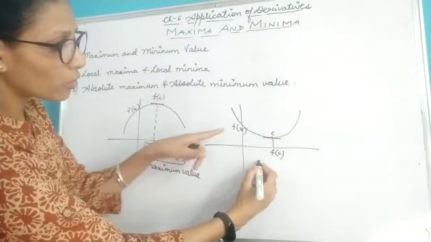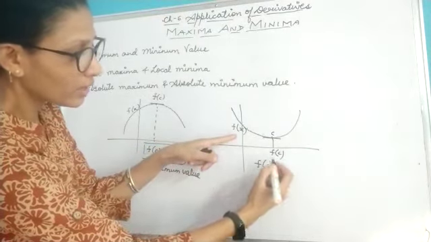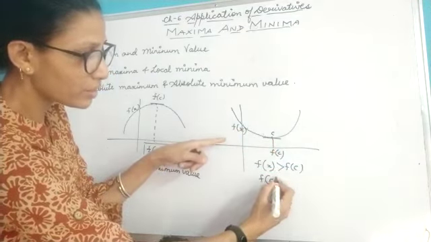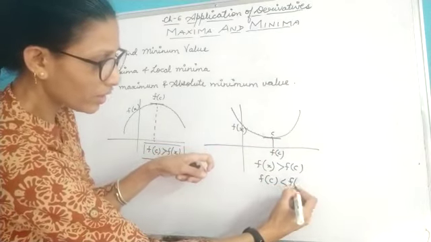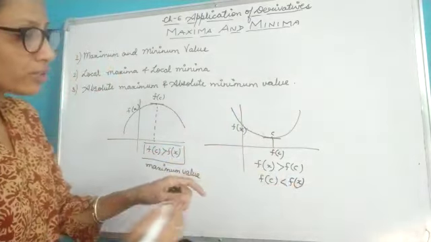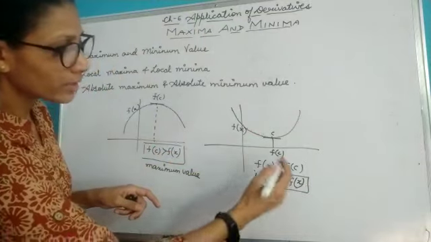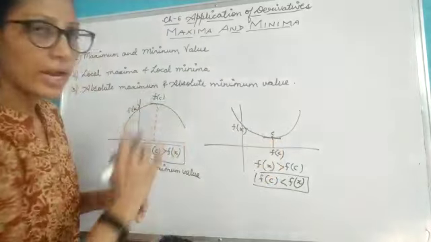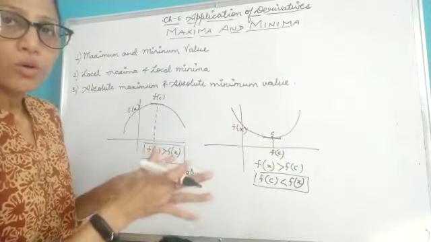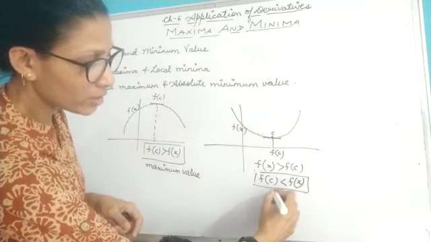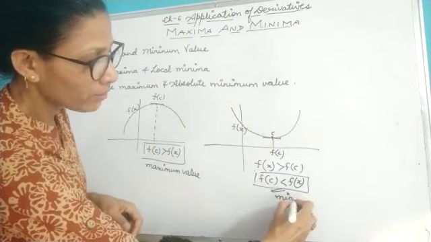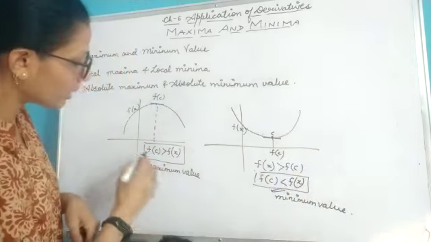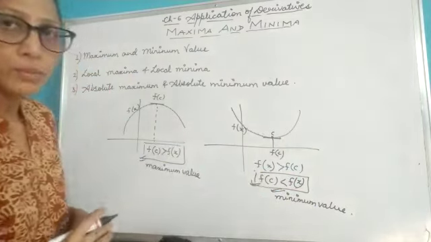So here all the values of f(x) are greater than f(c), or simply f(c) is less than the other values lying on the curve f(x). So if I find this condition, that means the function will attain the minimum value at point C, which is defined on the interval. So these are the conditions for maximum and minimum value.